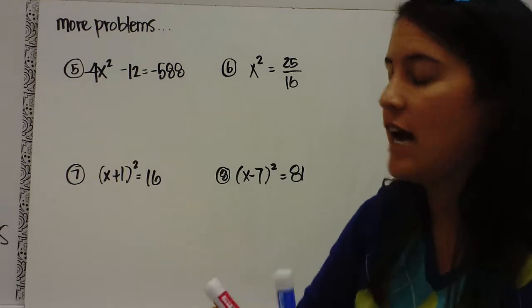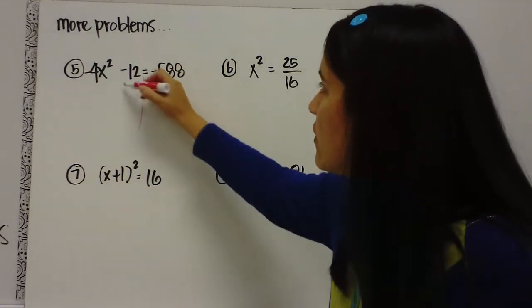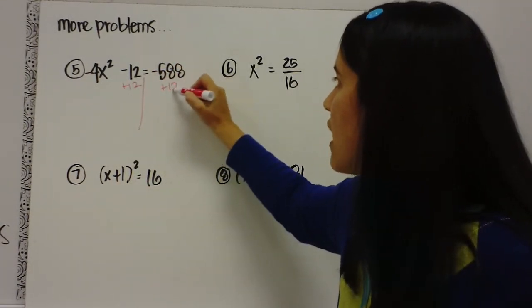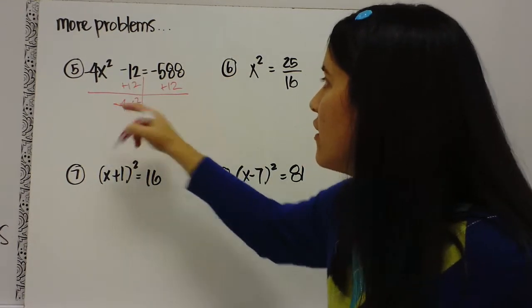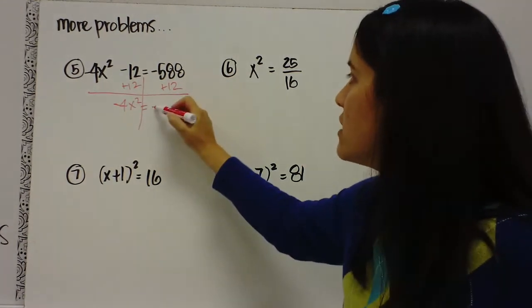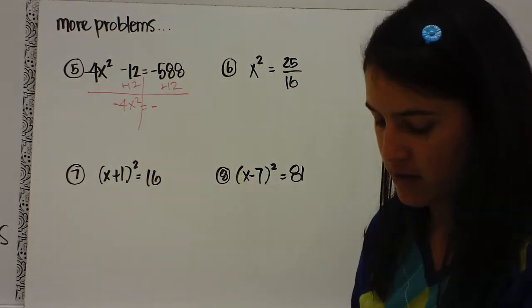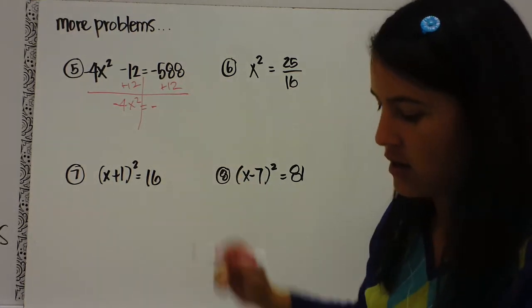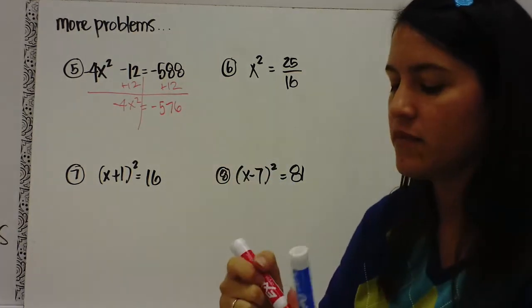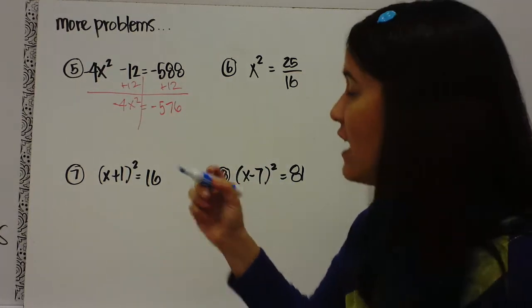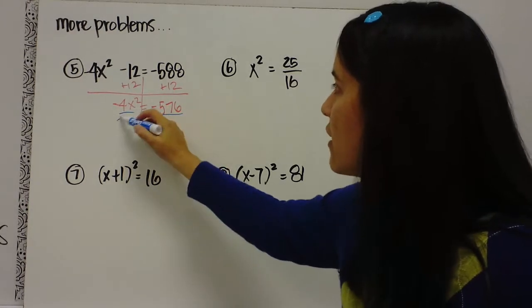All right, so number 5, I'm going to add 12 to both sides. And now this time I have a negative 4x squared. It's going to equal negative 576. I have to divide both sides by negative 4.